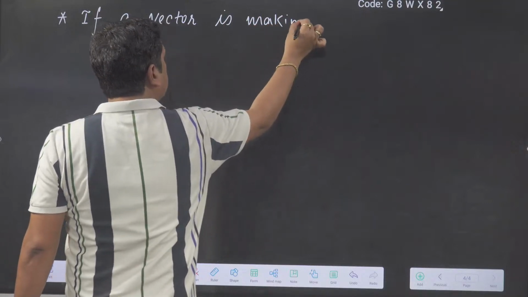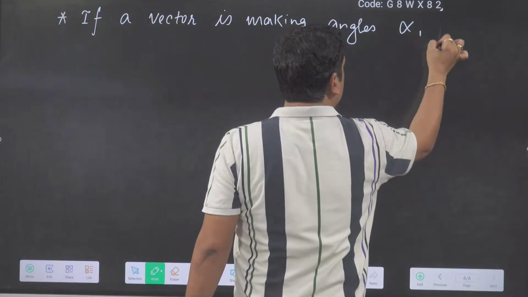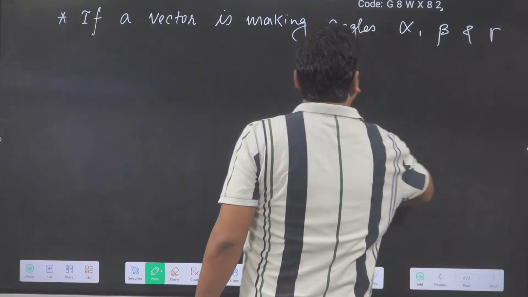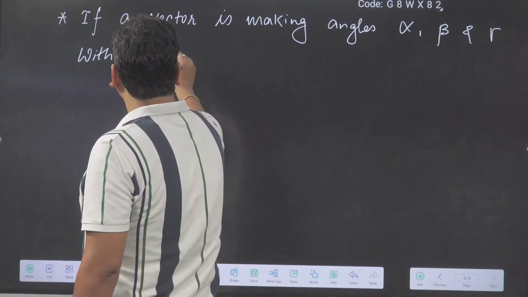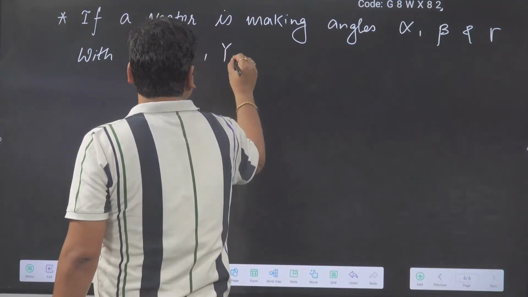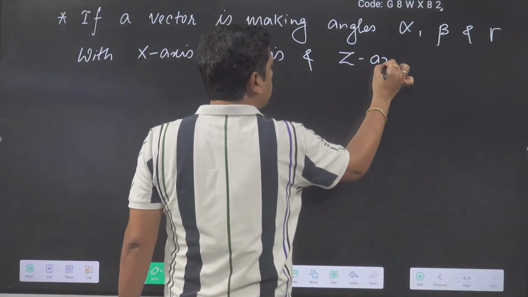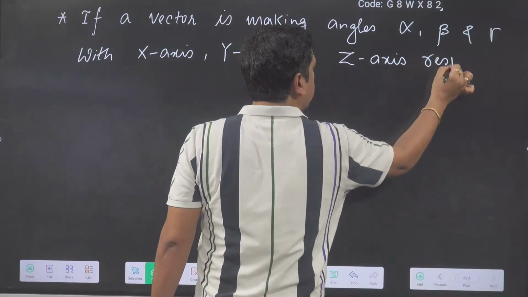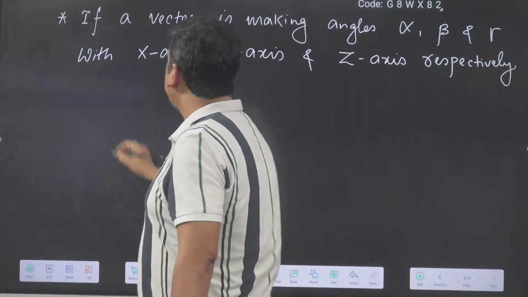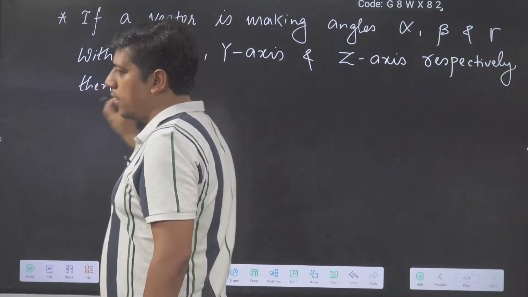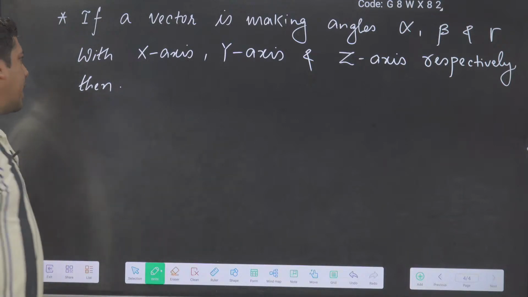If a vector is making angles alpha, beta and gamma with x-axis, y-axis and z-axis respectively, now come to 3D. Then what can we write about the x component?